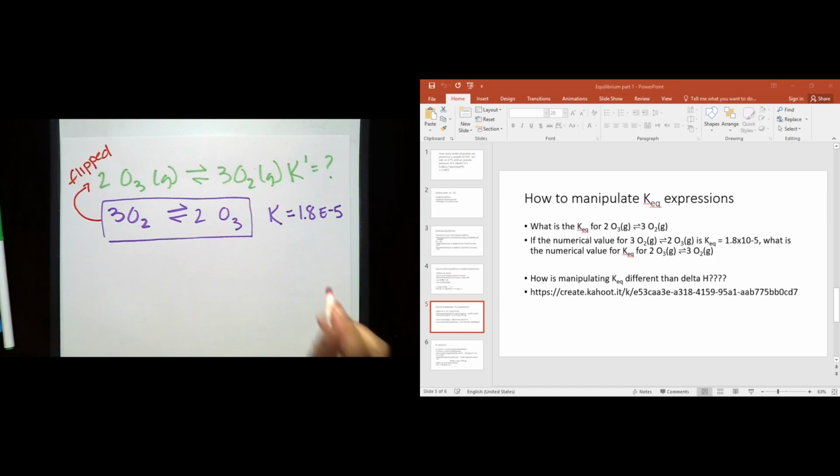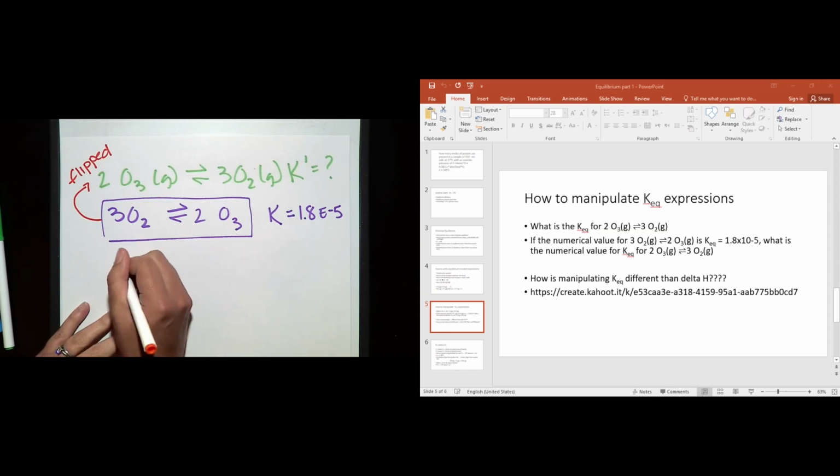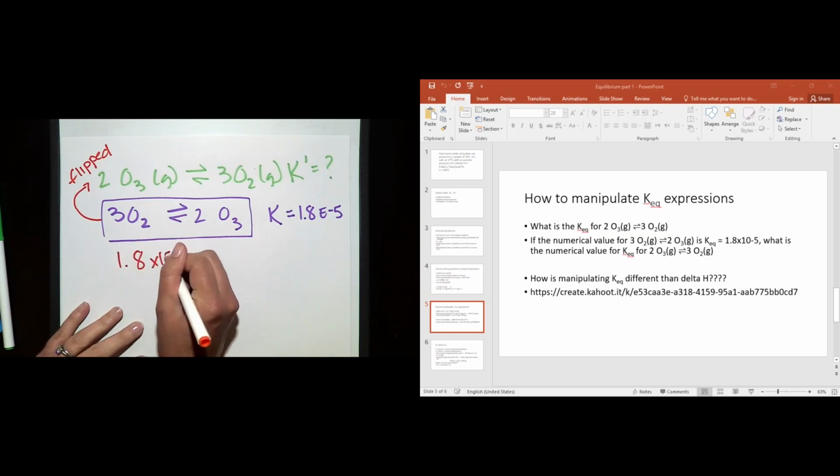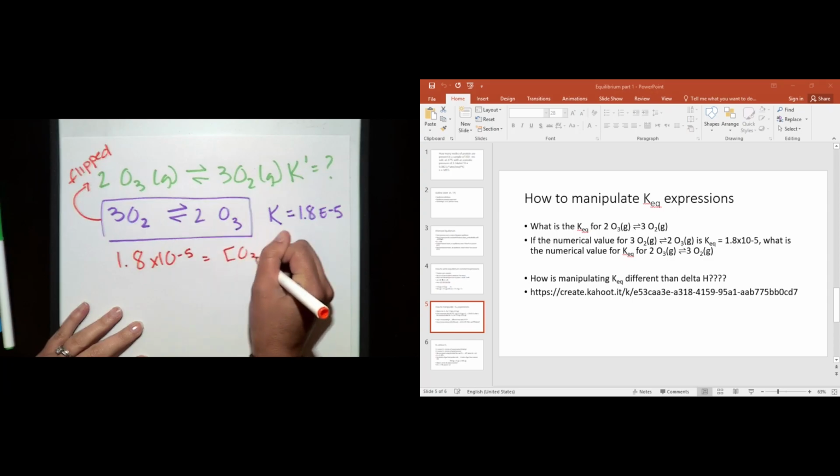So how do I know what this is? Well, I can tell you it's going to be 1 over K. But instead of memorizing that, how about I just show you how to solve the problem? I think that works really well. So if 1.8 times 10 to the minus 5 equals, I'm just going to set up my expression like this.